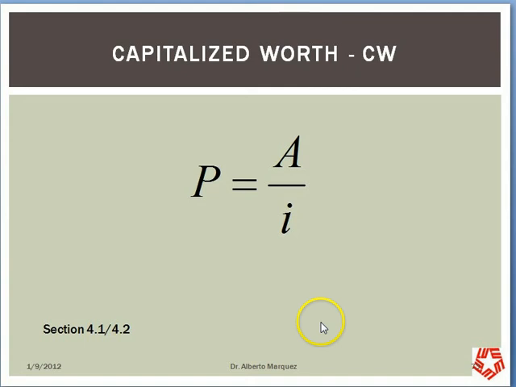In some cases, when we have projects that are presented to be sustained forever, what we can assume is that those annuities, or the benefits that we're getting, are going to be there for the rest of the life or until the foreseeable future, and then we assume that they are going to be perpetual annuities, or simply perpetuities.